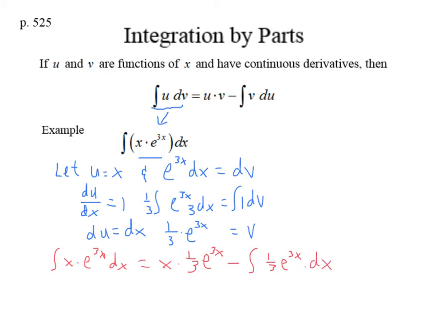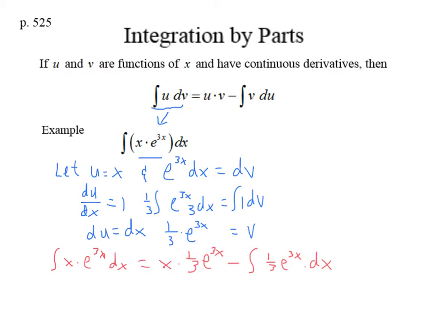So we've now put our equation in, and all we have to do to end up getting our answer is do the antiderivative one more time over here. So we've got to get rid of that integral sign.